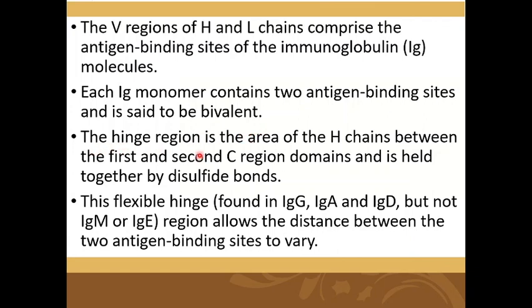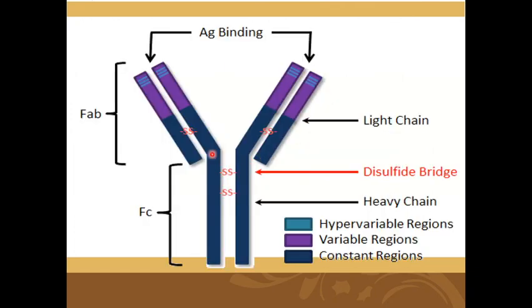The hinge region in the area of the H chain between the first and the second C region domain is held together by the disulfide bond. Again I am going to the diagram. This hinge region. Here it is linked together by the disulfide bond. Here also there is a disulfide bond.